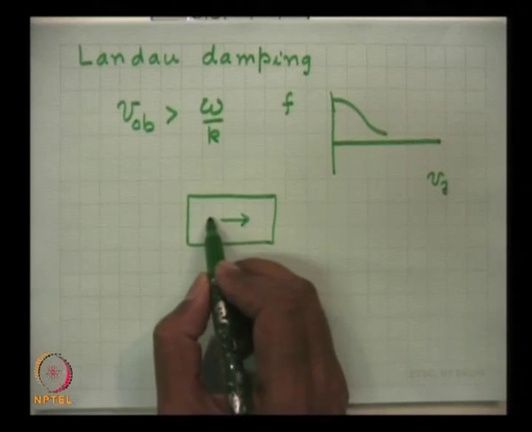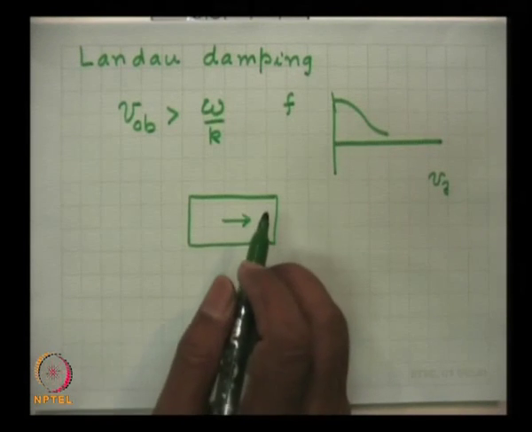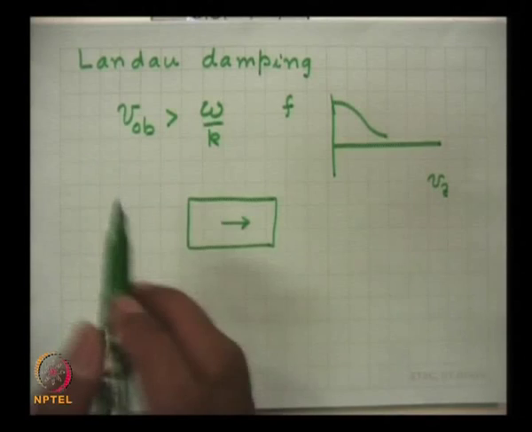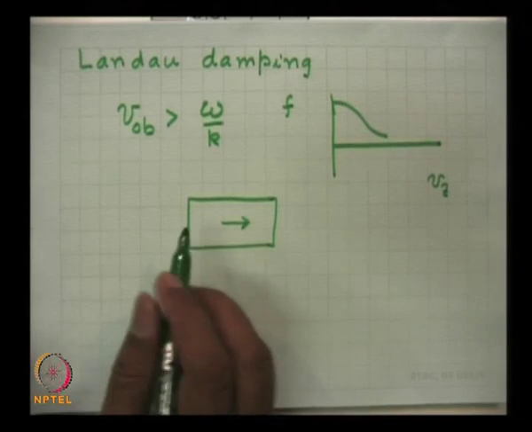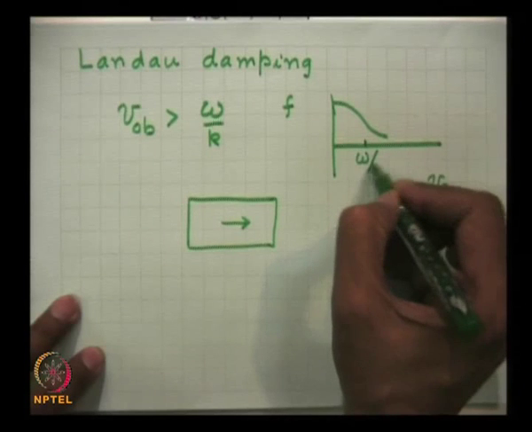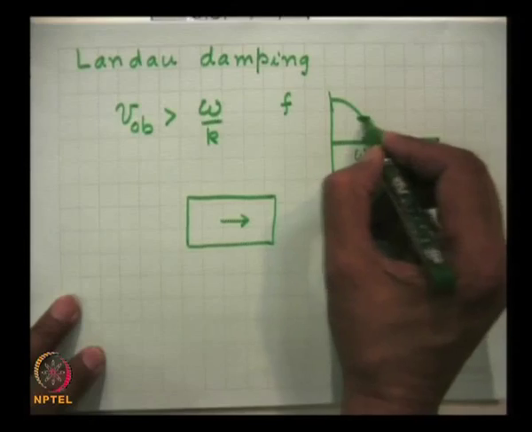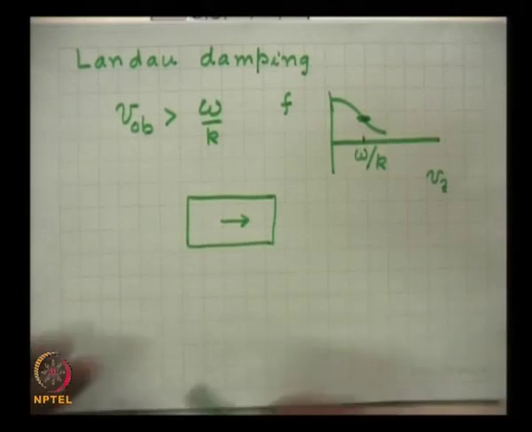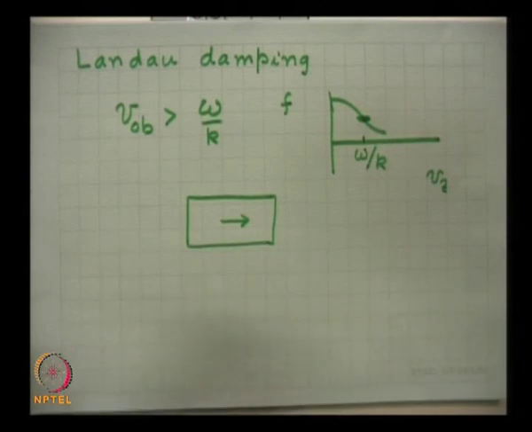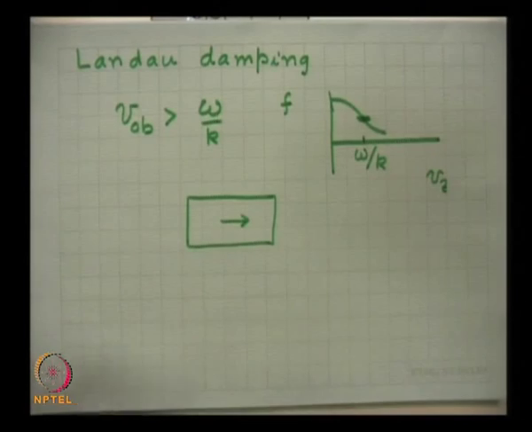Then some of the electrons will be moving with the wave, and the ones moving with a velocity close to omega by k will be resonantly interacting. So, suppose the wave velocity is omega by k, I write omega by k here, then the electrons in this neighborhood of omega by k are really resonantly interacting with the wave. They can be in Cherenkov resonance with the wave and can efficiently give energy to the wave or take energy from the wave.